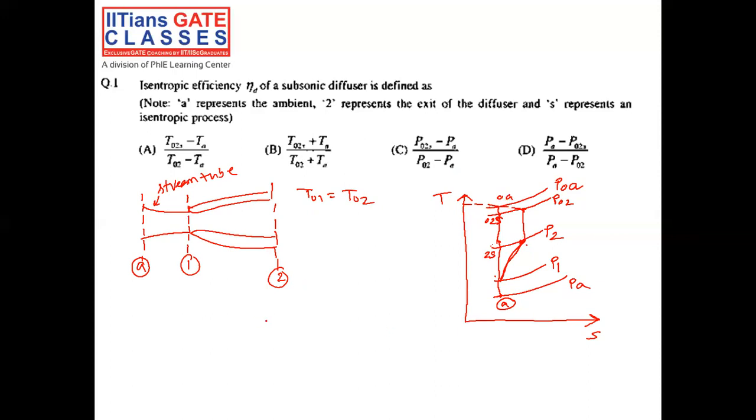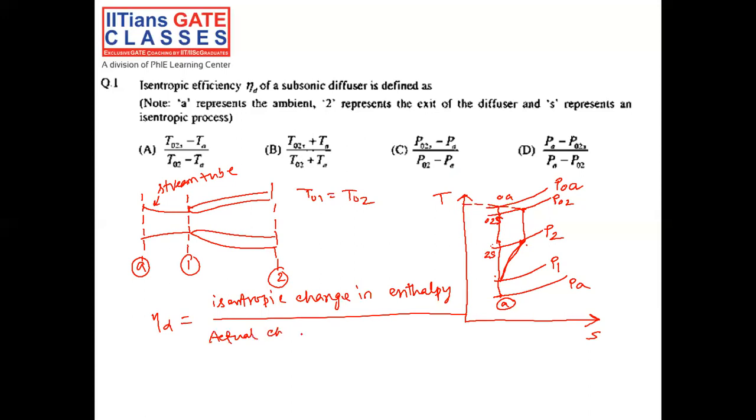Now the efficiency of this diffuser is defined as the isentropic change in enthalpy divided by the actual change in enthalpy across the diffuser.